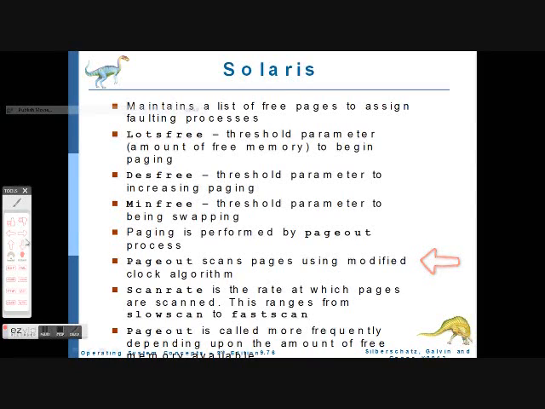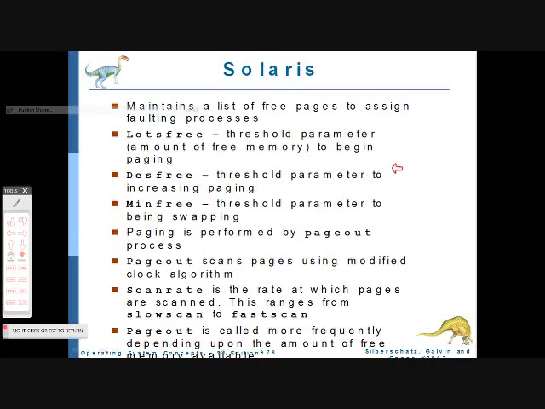We have a series of values. First one is lots free. Lots free is the threshold parameter or value where the Solaris operating system begins to page out.